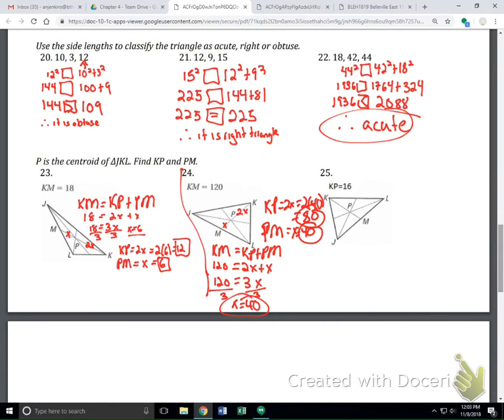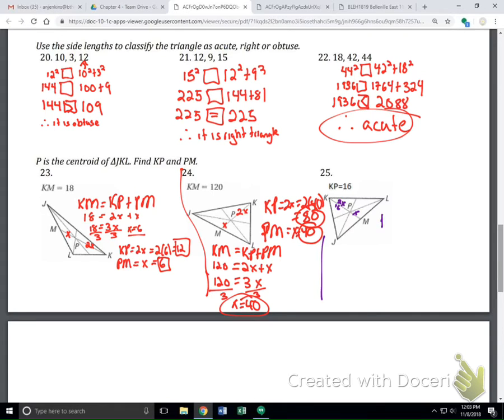Our last one on this one is we now have KP. KP is the distance from my vertex to the centroid. So I'm going to put that in as 16. We also know that that's going to be equal to that 2x. The part from the centroid to the side that it's bisecting is going to be x.